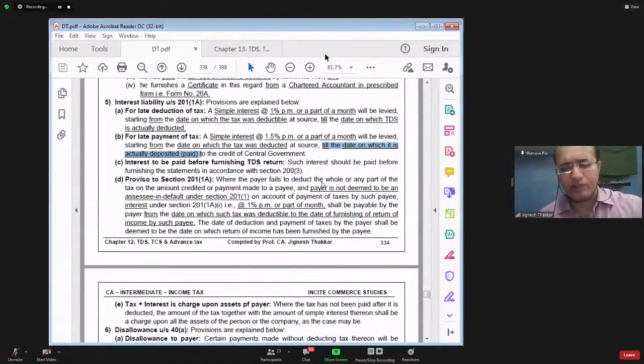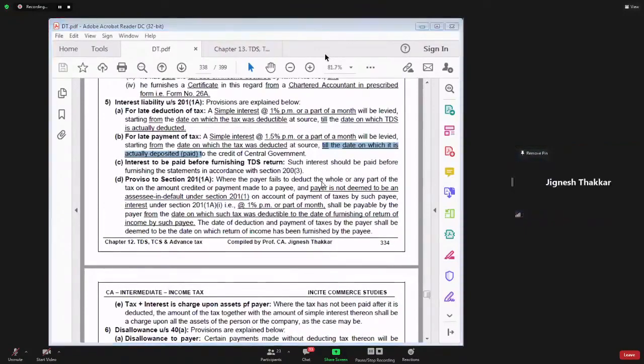Let me give you an example. If you want, you can write the example in the notebook for better understanding. Inside Commerce Studies is paying me 50,000 rupees on 15th of May. So they should have deducted TDS on 15th of May. Have they deducted TDS?